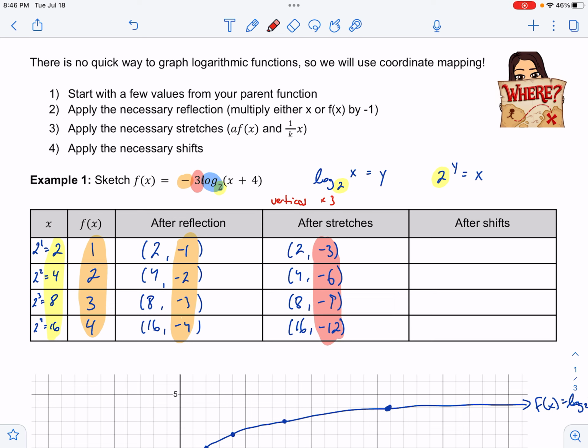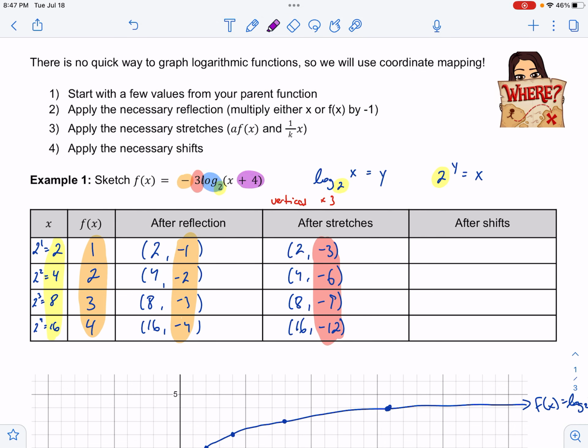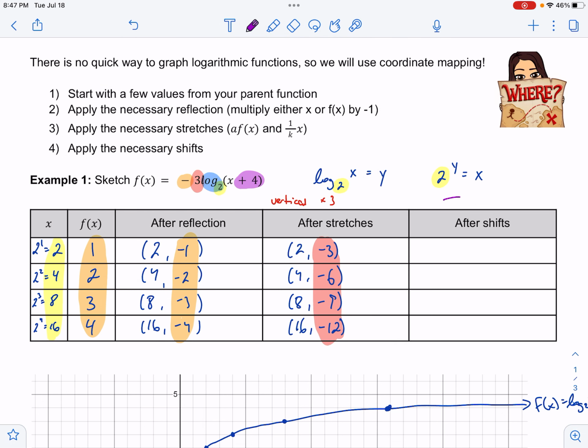And then last but not least, we have our shifts. The only shift that's present here is this plus 4, which we know is a shift to the left by 4. So what I need to do is take my x value and subtract 4.